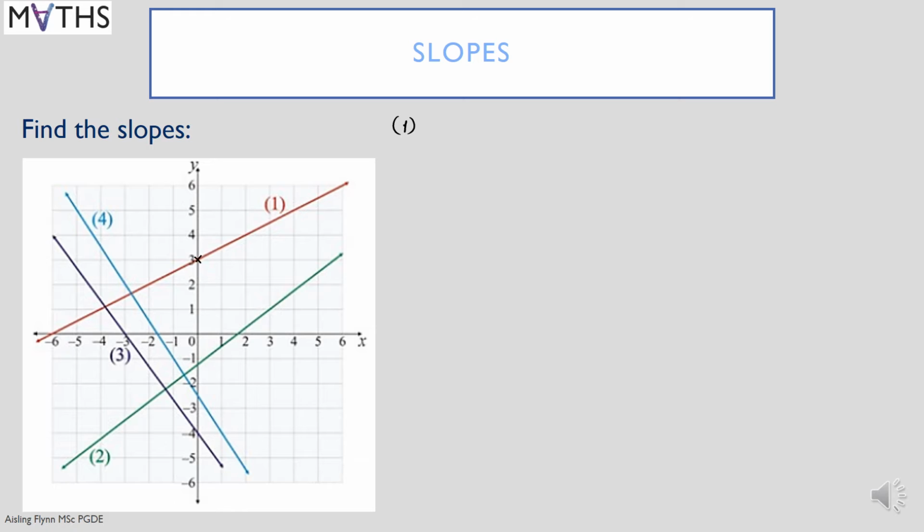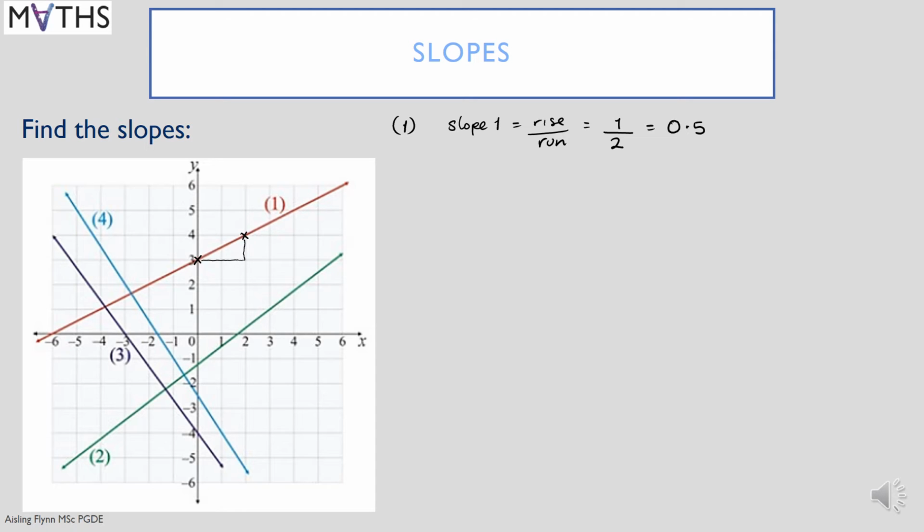So I'm going to choose this one here, marking it with an X, and the next one over, and I can draw horizontal and vertical lines. You get a little right angle triangle. So I'm going to say that slope 1 equals rise over run. So if I run across 2 boxes, I have to rise up 1. So we get a slope of a half, 0.5.